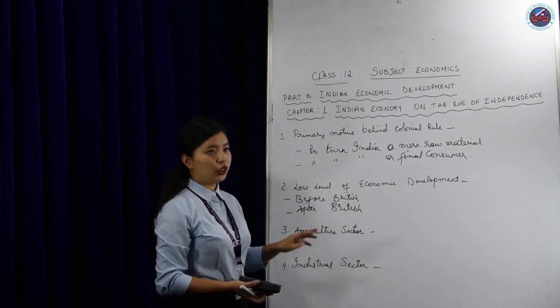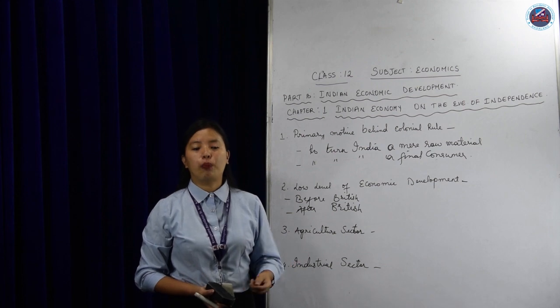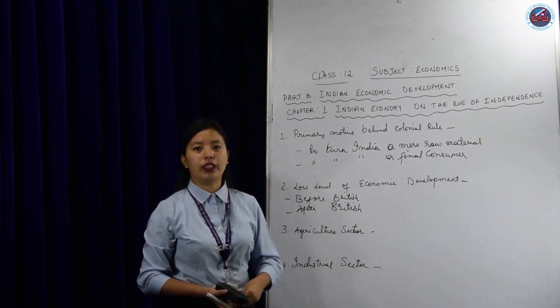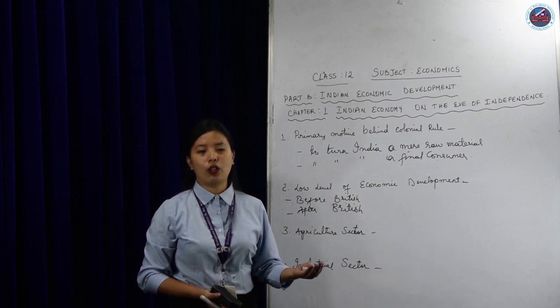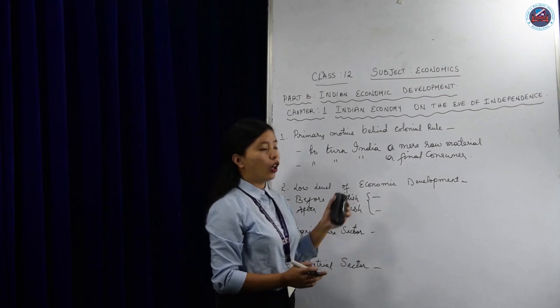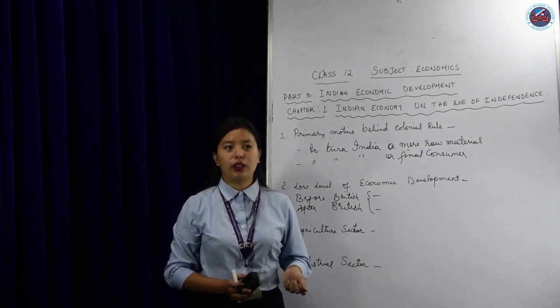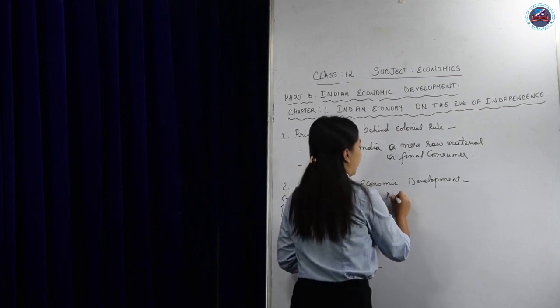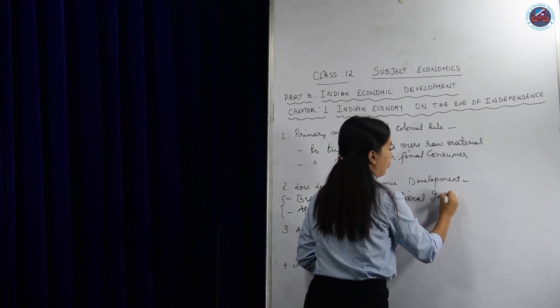Here, what the British did was focus more on the promotion and protection of their home country's economy, that is Great Britain, rather than focusing on our Indian economy. The colonial government never made any sincere attempt to measure our national income and per capita income.